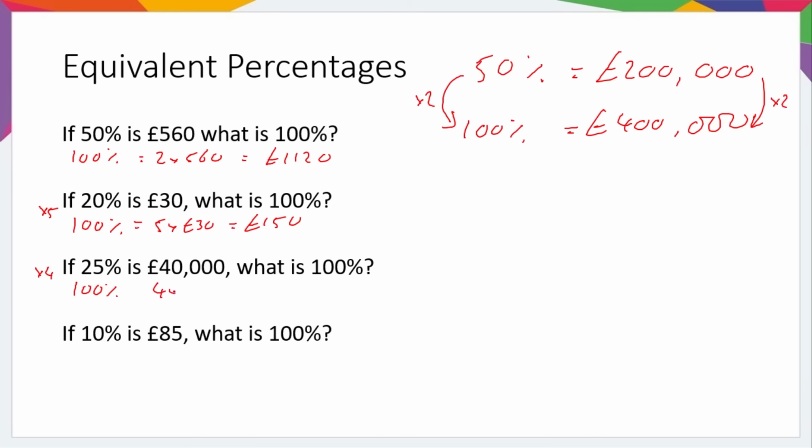So we want 4 times 40,000, which equals 160,000. And if 10% is 85, then 100% is 10 times more than 10%. So 100% is going to be 10 times 85, which is 850. So these are nice and easy. We were working out 100% from factors of 100.